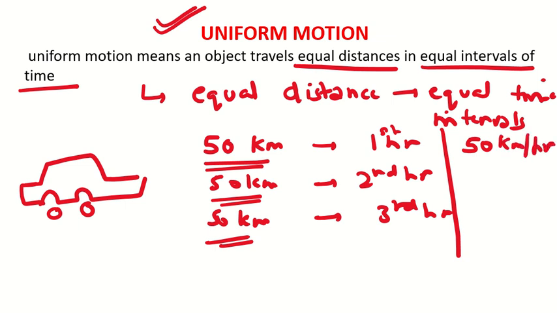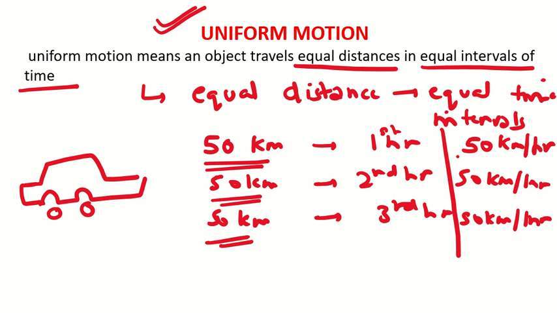In the second hour the time period is again 1 hour and the distance traveled is 50, so the speed again turns out to be 50 kilometer per hour. And for the third also the speed turns out to be 50 kilometer per hour. So here you see that the speed is not changing with time. It is always the same, 50, 50, 50.